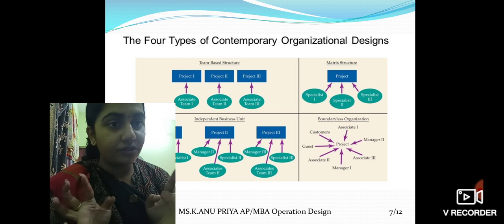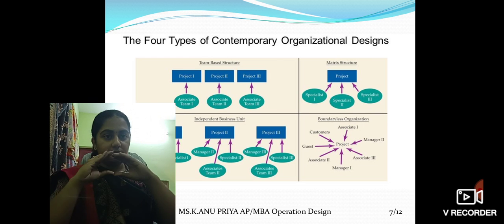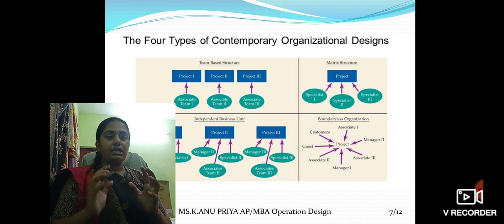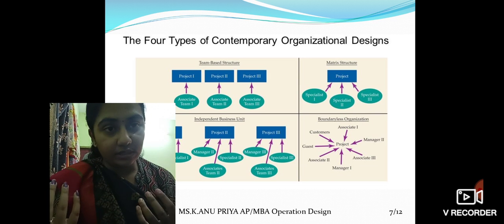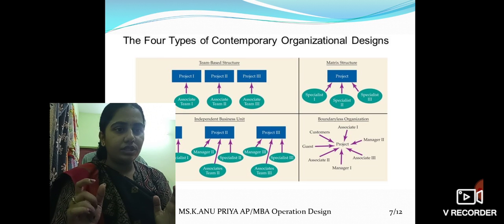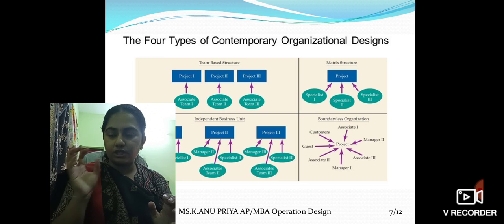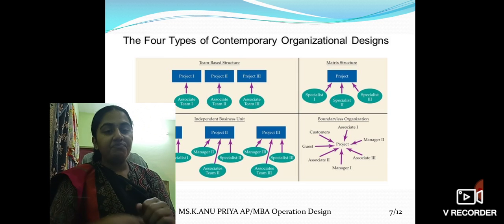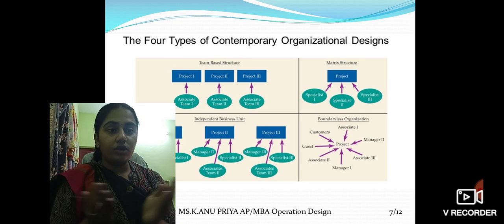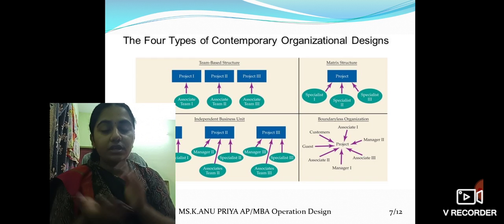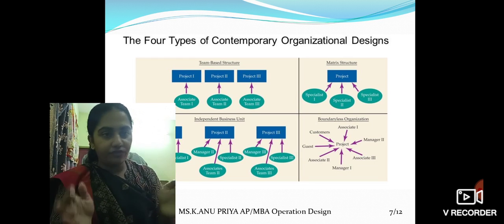So next is matrix structure. A single project will be worked on all over the organization. Why? Because that project will be a major project. If it is a minor project, a small set of people will work under it. But if it is a major project, the whole organization will work on the same project for a period of 6 months or one year.